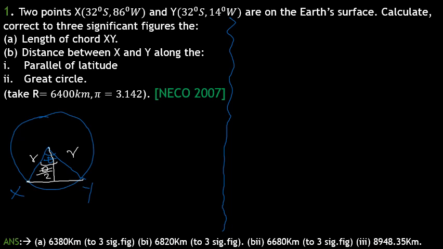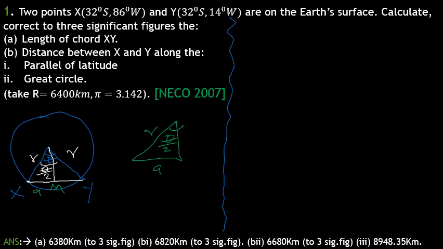Let's imagine that this side from X to this midpoint, let's call it a. Of course this triangle will look like this: theta over 2, then a, and then r.